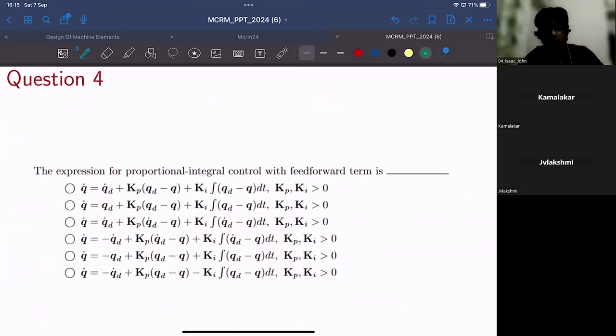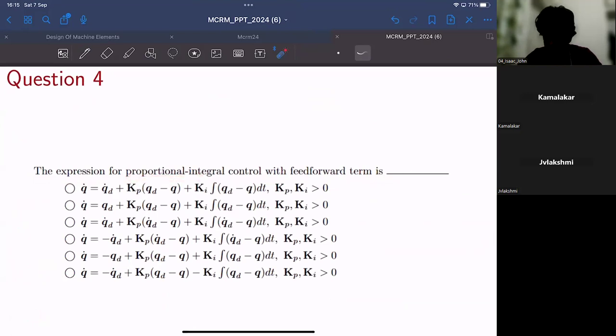So yeah, now we move on to question 4. It says the expression for a proportional integral controller with a feed forward term is, so it's a proportional integral controller. It does not have anything to do with the model.